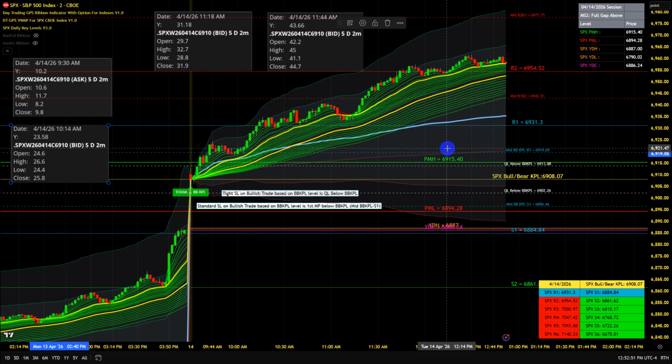So 2 levels extension from the bull bear key price level above and below.